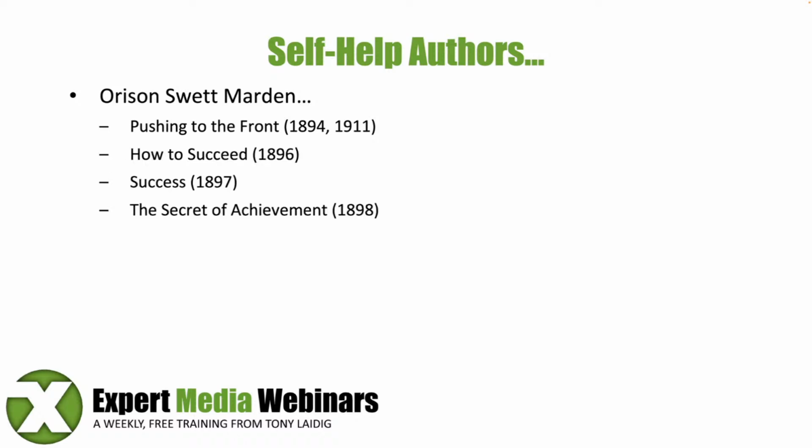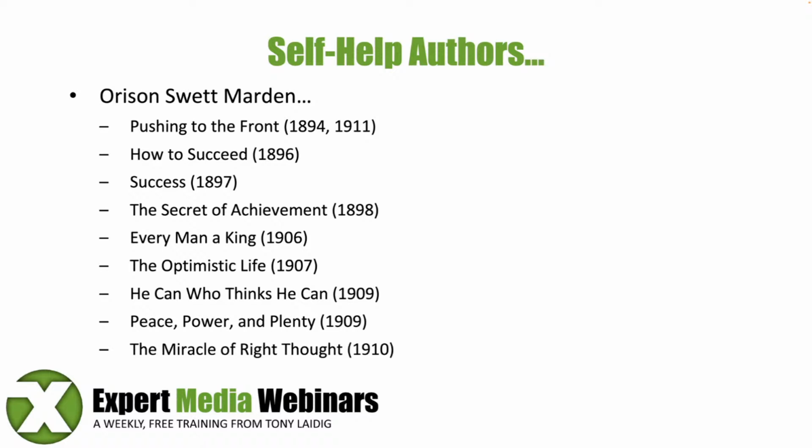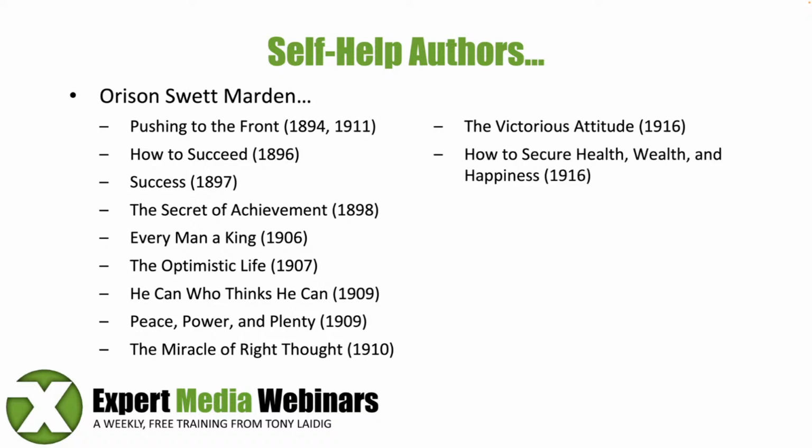How to Succeed, Secret of Achievement, Every Man a King, Optimistic Life, He Can Who Thinks He Can, Peace, Power, and Plenty, Miracle of Right Thought, which is an excellent book, by the way. Victorious Attitude, How to Secure Health, Wealth, and Happiness, How to Get What You Want. Like, these are topics that are relevant today, but yet they were written in the teens.